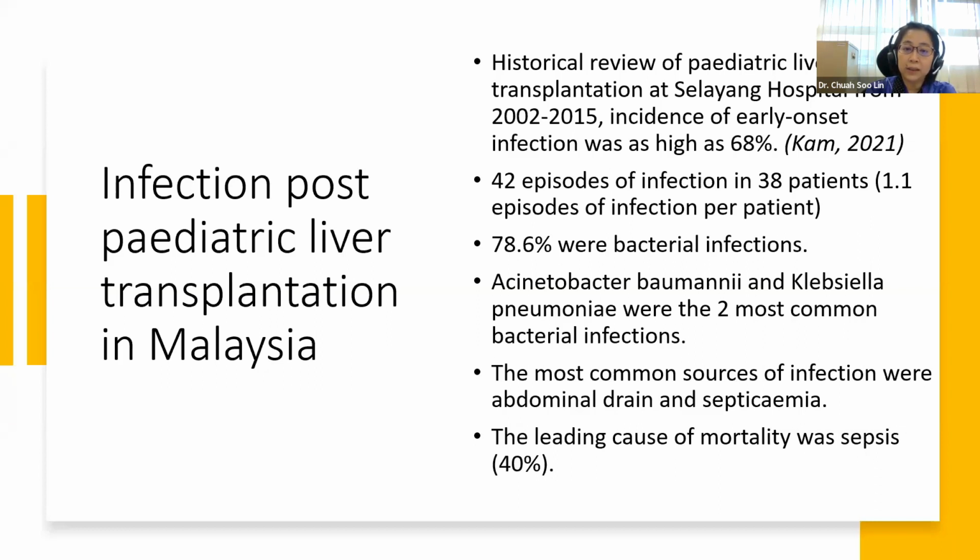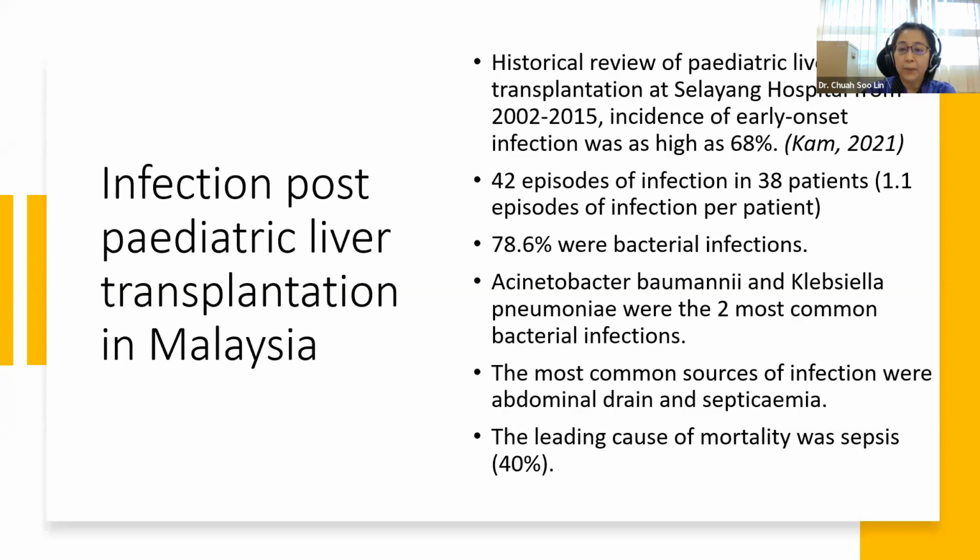As reported, bacterial infections are still the highest in prevalence, similar to other general studies. They reported that Acinetobacter baumannii and Klebsiella pneumoniae are the most common bacterial infections, and the commonest sources of infection are the abdominal drain and septicemia.